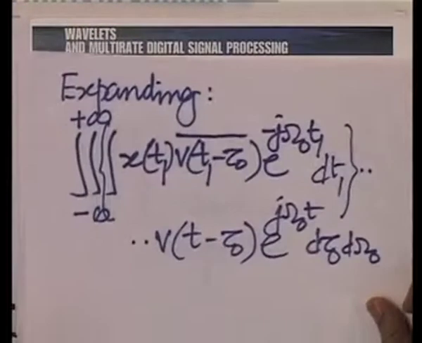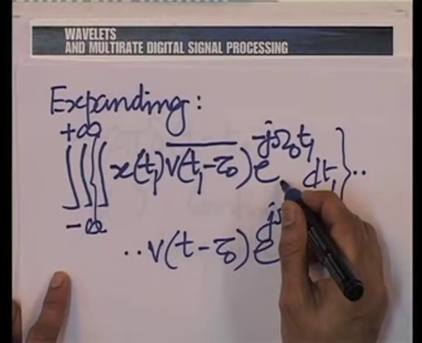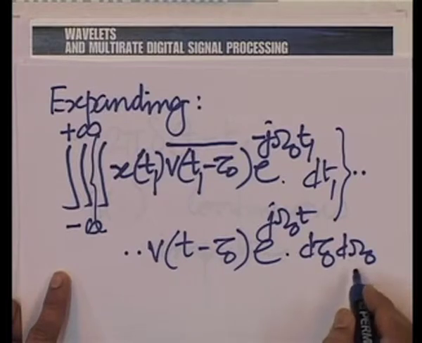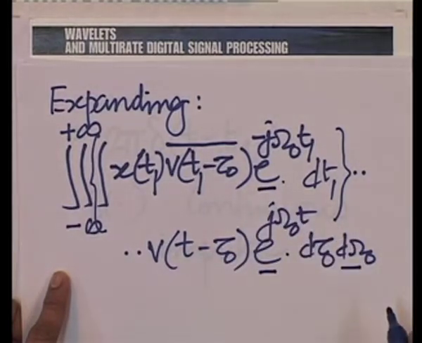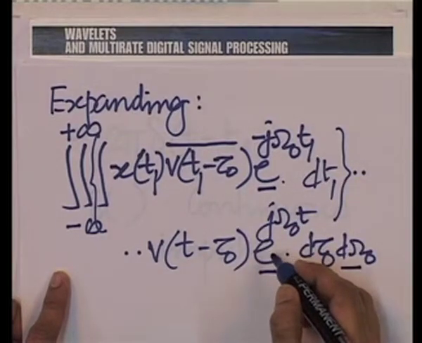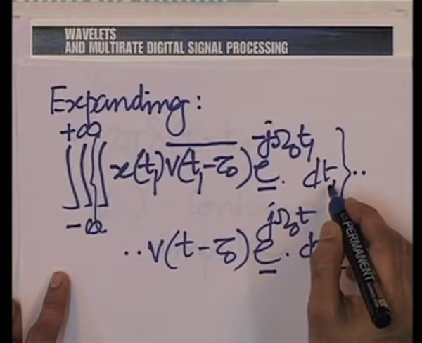As I said, that triple integral is no longer so frightening. So, all this integral on omega naught, let me underline the terms here. This and this have been dispensed off with an impulse located at t minus t1. And now the natural choice is to dispense of the integral with respect to t1.